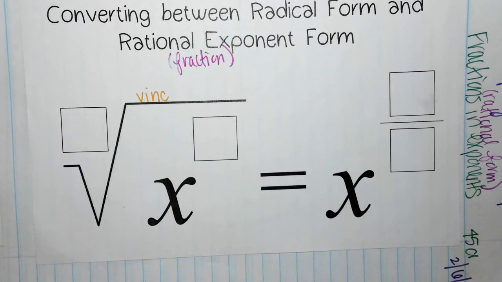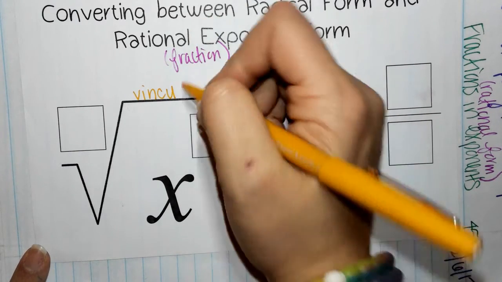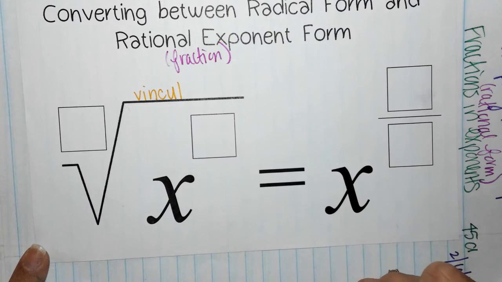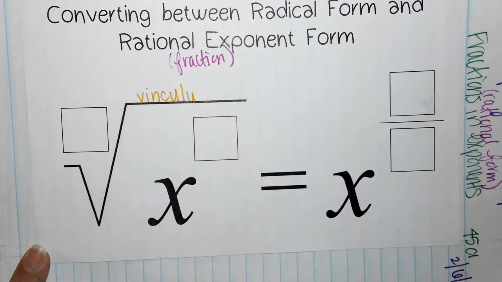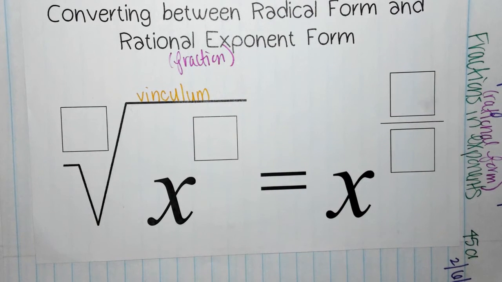Vinculum. A vinculum. That's a point right there. It's not a point for anybody. It's a point for Miss Asbury. All right, so that's also the fraction bar. It's called a vinculum.